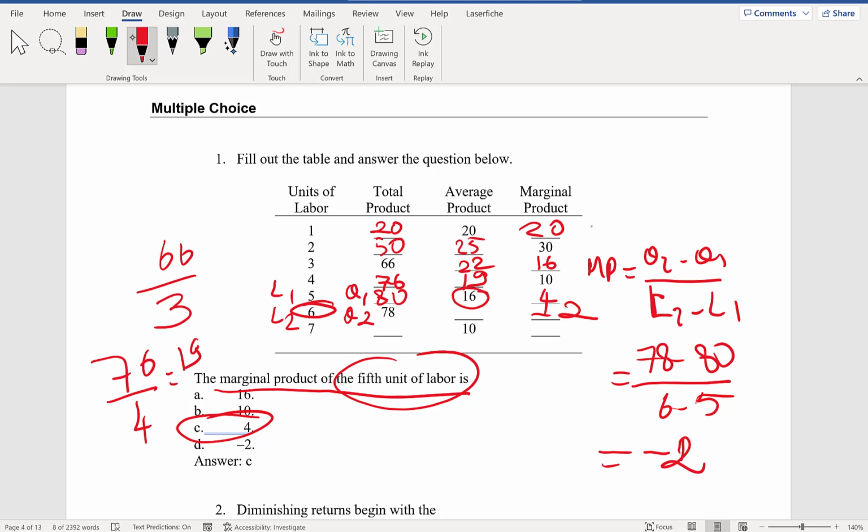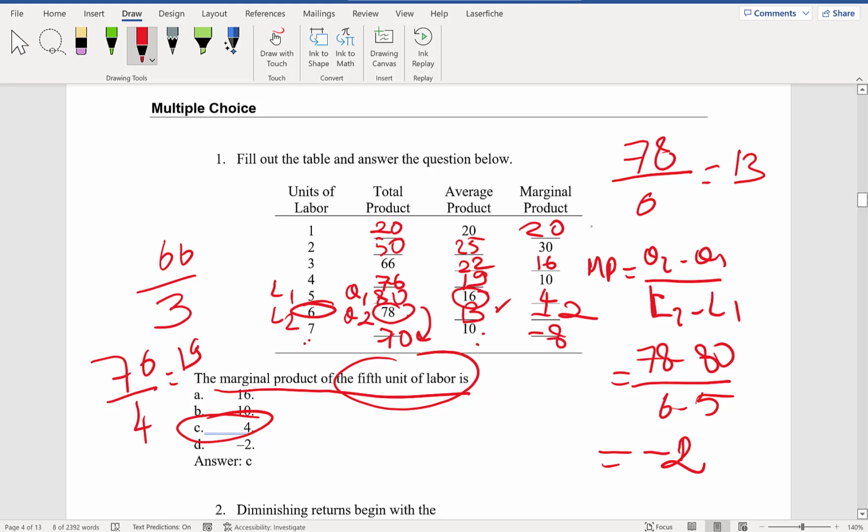Okay, but let's calculate the whole table. So let's find the average product here. This is total product, 78 divided by 6. This is going to be 13. Use your calculators. 13. 10 on an average produced by 7 people. 7 times 10, 70. So this actually gives you a decline in total product by 8 units, negative 8.